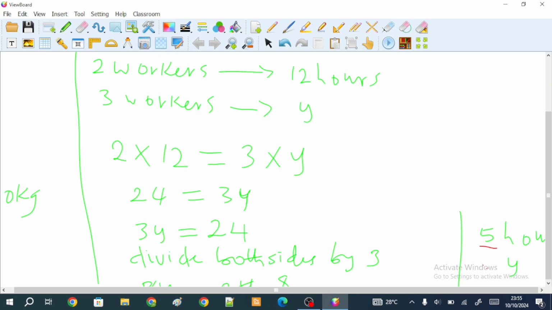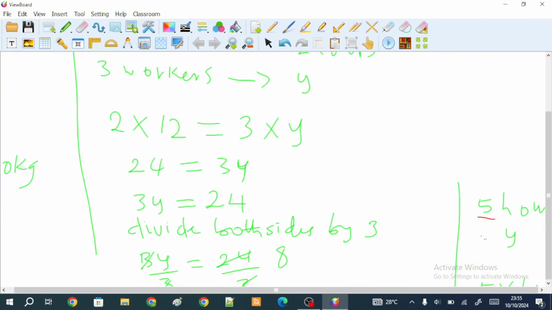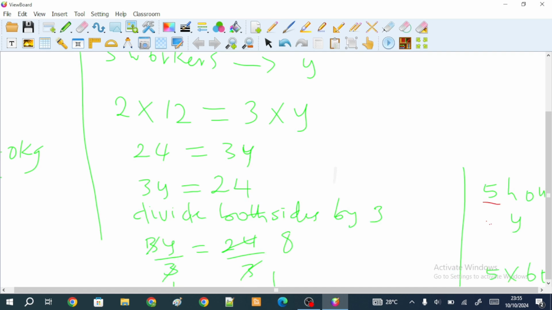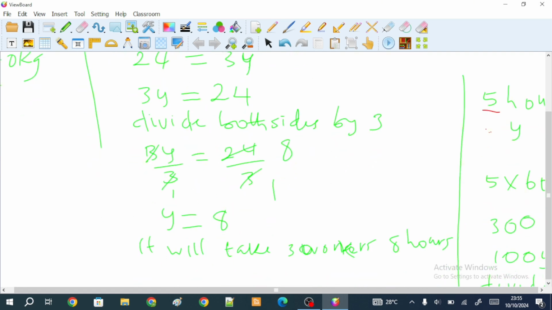So the number of hours should decrease from 12. We don't know what it is, but whatever answer we get should be something that is smaller than 12. And you can see we got it. So if you're solving questions on indirect proportion and then the first number increased and you got an answer that also increased, then you know that something is wrong. Okay, so I'll see you in the activity.